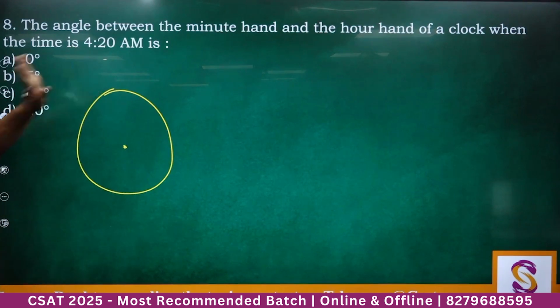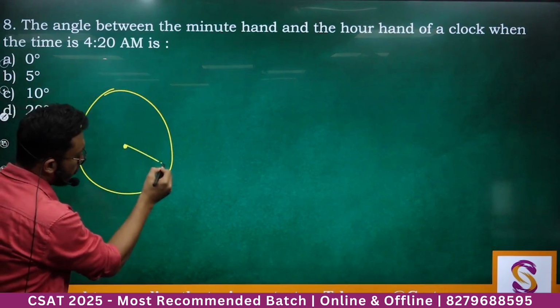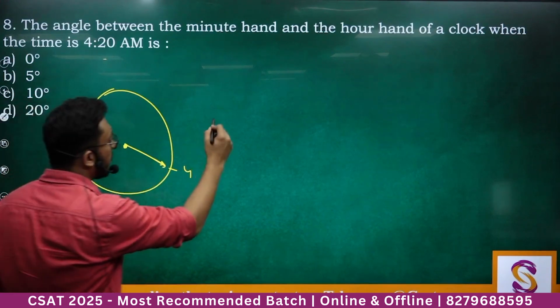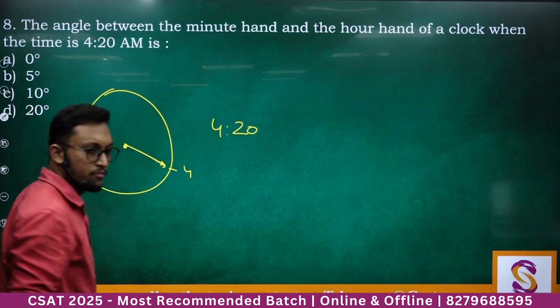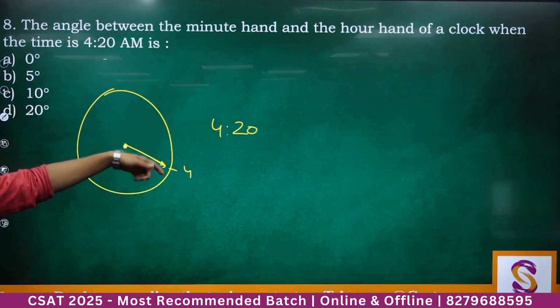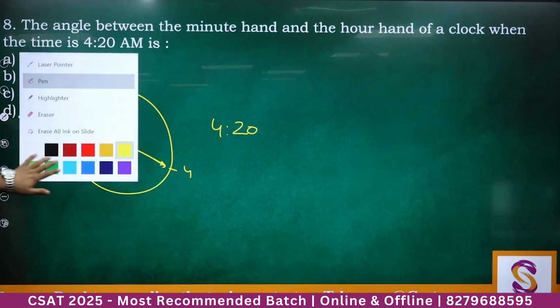Suppose the time is 4. अगर time 4 होता, so hour hand would have been at 4. Minute hand 4:20 पे minute hand कहाँ होगा? It will be here at 4. But the time is not 4, it is 4:20. So at 4:20 minute hand will be here only, but our hand will be slightly past 4.